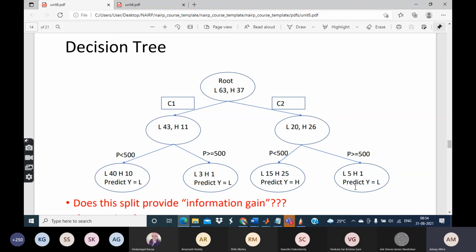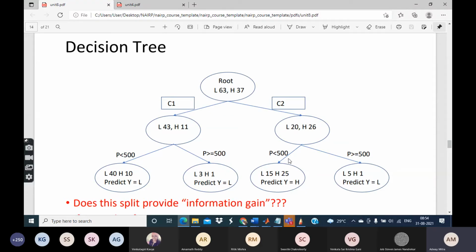Maybe of course the number of examples is smaller, but still it seems that low rating is dominant in this case. While among them, the low cost ones from company C2, it seems that the high ratings are dominant, more dominant than they were if we did not consider this price feature.